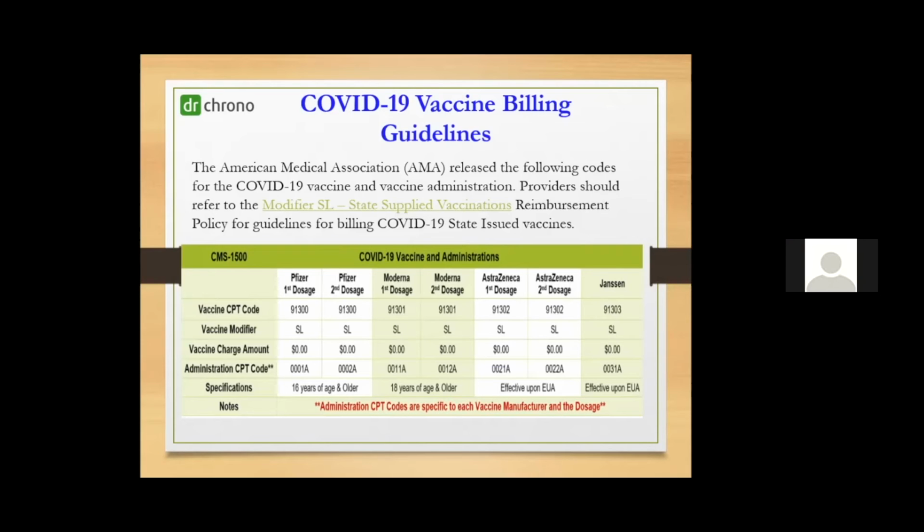Then they would be billing 91301 with a charge of $0 because they got that vaccine for free from the government. And then for giving that vaccine to the patient, the service the doctor does, they would be billing the code 0011A with a charge amount that varies from practice to practice based on geographical location. From my experience, most customers bill $70 to $80, and they get paid around $40 to $60.